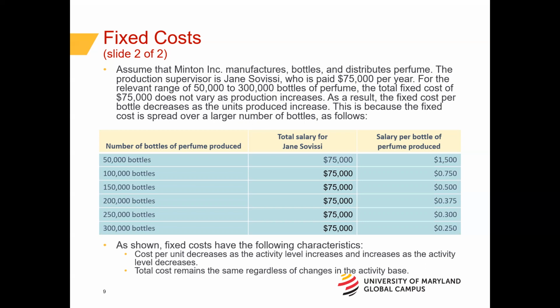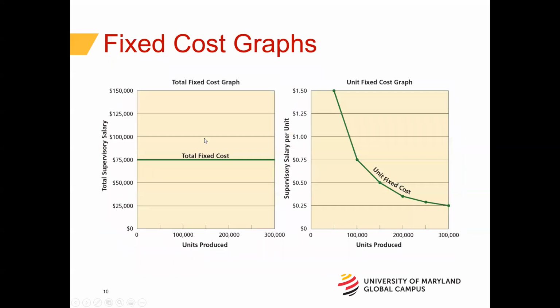And one method of allocating fixed costs or factory overhead, for example, which this would be considered to be factory overhead since it's supervisor's salary. We need to allocate that portion of factory overhead to the units being produced in order to cover our operating costs. We'll talk more about this as we go on.